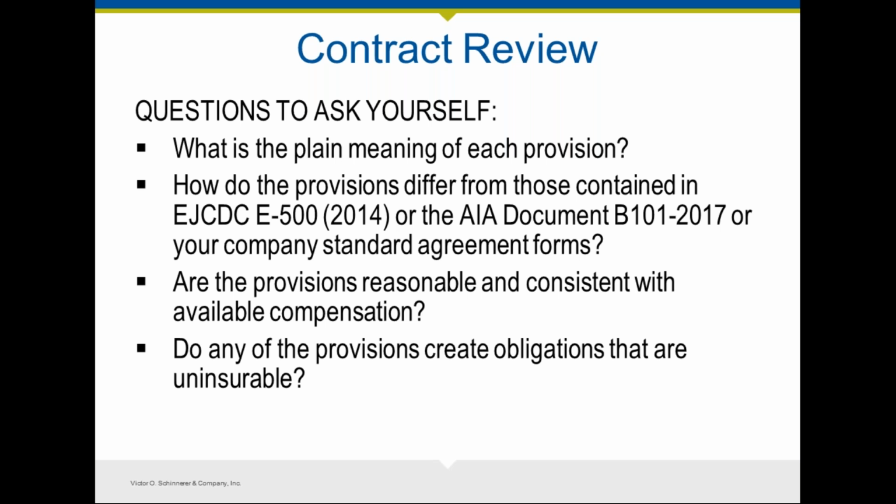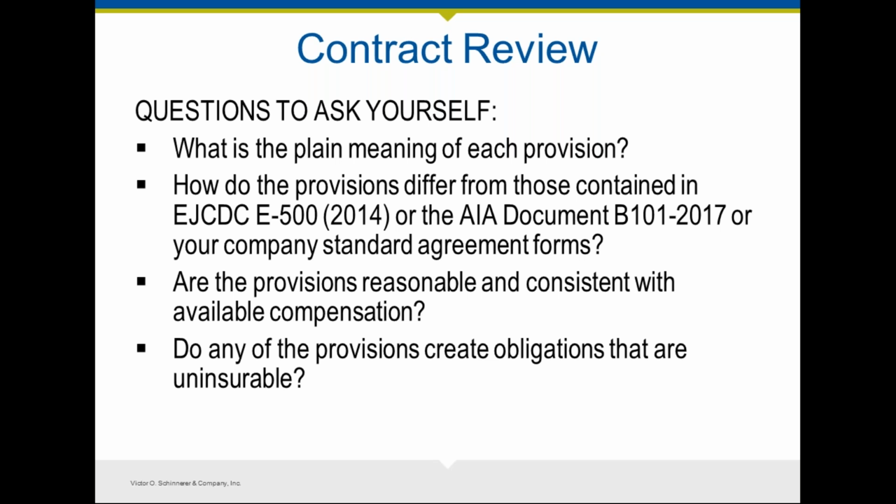Ultimately, you need to make a determination whether the provisions are reasonable and consistent with available compensation. You are running a business, and as such, you want to make sure that the fees that you're charging are commensurate with the risk that you're taking and enough for you to make a profit.